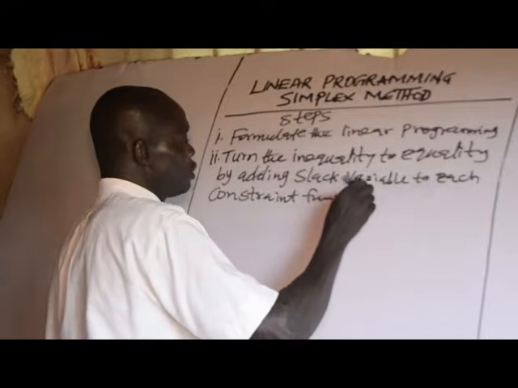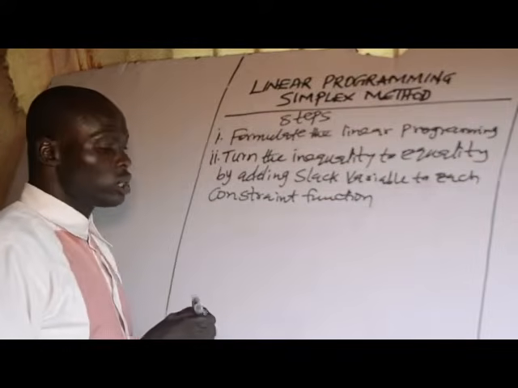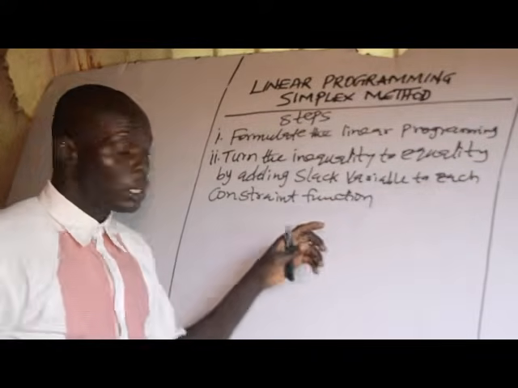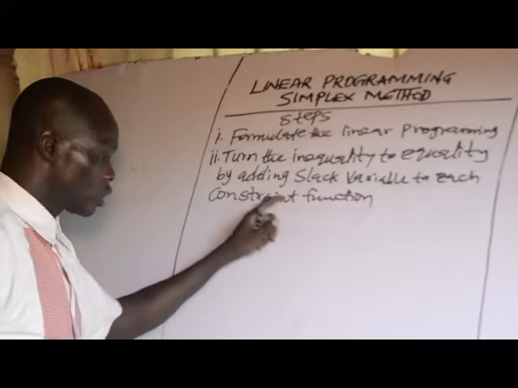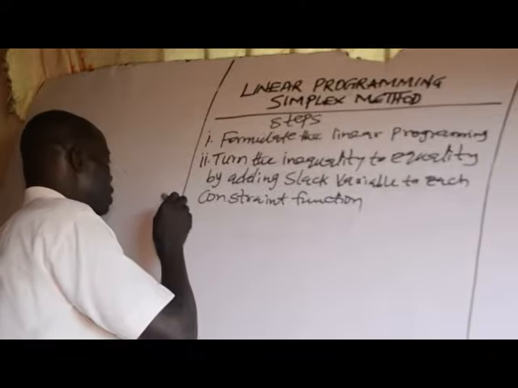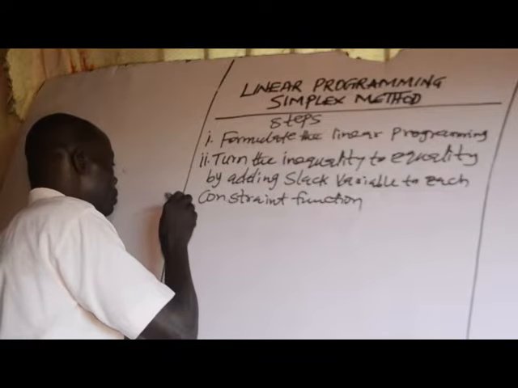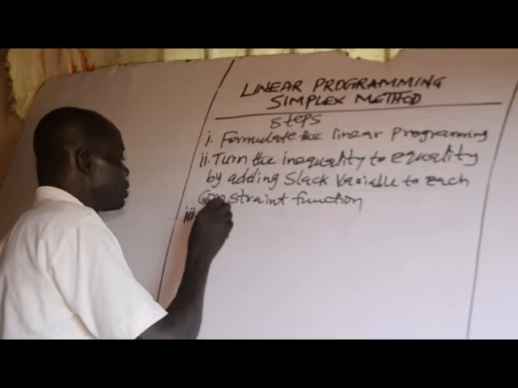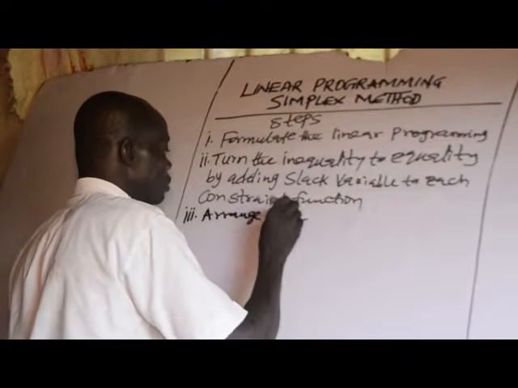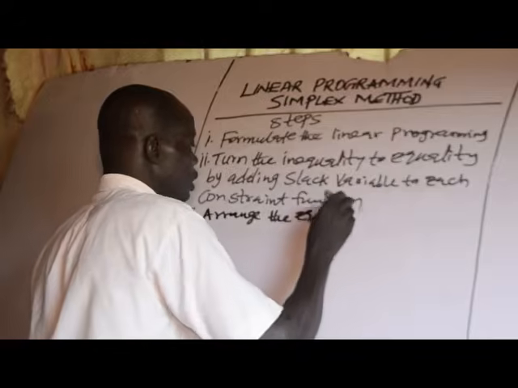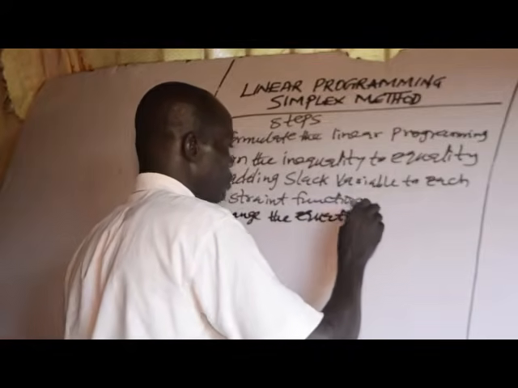That is step number 2. You turn the inequality to equality by adding the slack variable to each constraint function. Step 3: arrange the equation in matrix form.